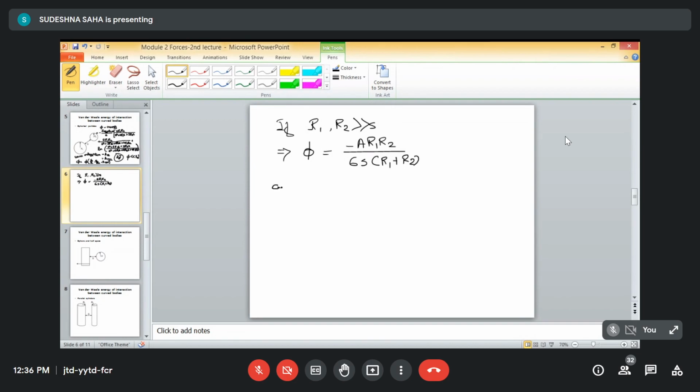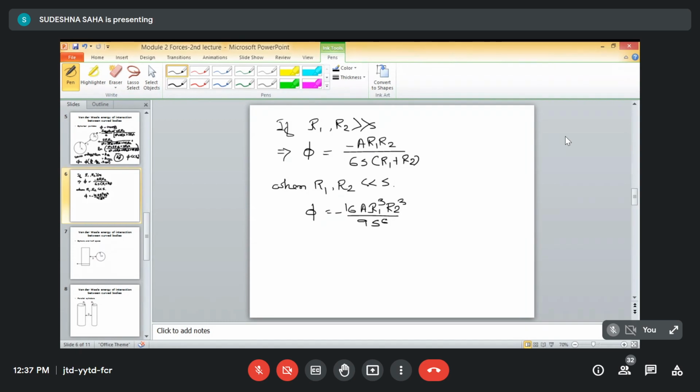And when R1 and R2 are much less than S, then phi will be equal to minus 16A R1 cube R2 cube divided by 9S to the power 6.